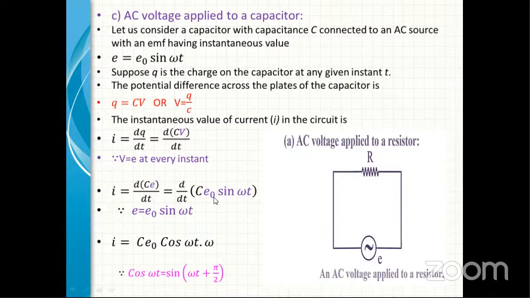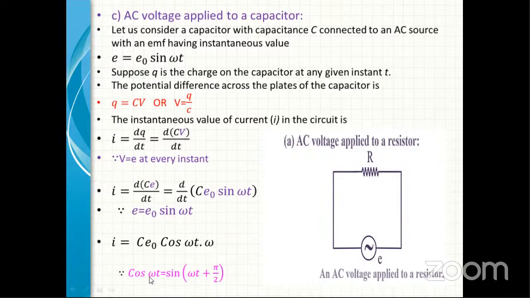Therefore, d dt of this CE, where the value of this E is equal to E naught sin omega t. फक्त आपण व्हॅल्यू पुट करतोय आणि सॉल्व करतोय. ओके, सो डी डी टी ऑफ दिस सी, E ची व्हॅल्यू काय आहे, E naught sin omega t. Again, I have written here this E is equal to E naught sin omega t. Now taking the differentiations of this, therefore I is equal to this C E naught, this is constant, sin omega t चा derivative इथे आपण cos omega t, omega t चा omega.